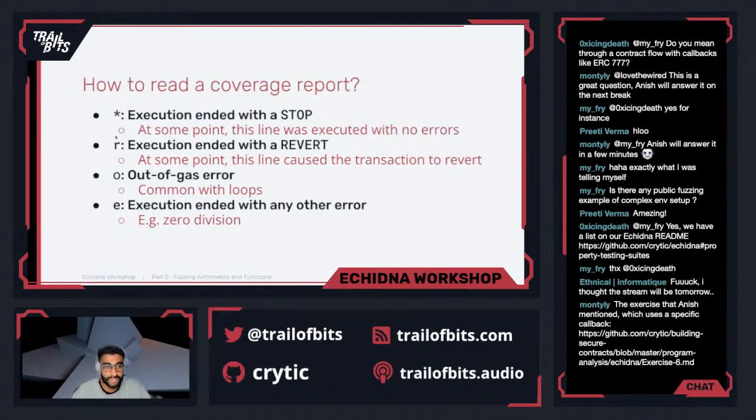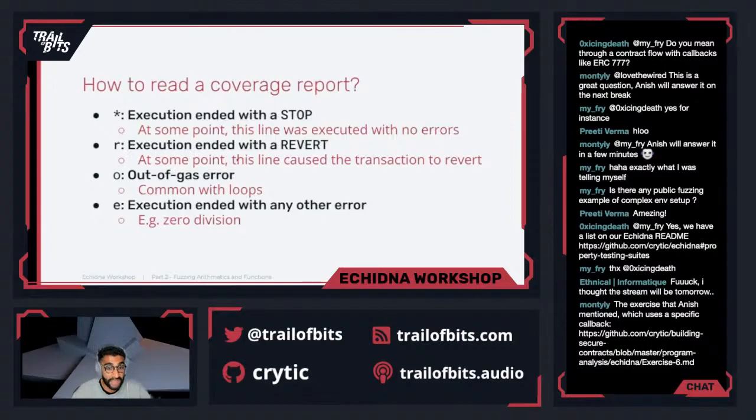And so note that star and R are not mutually exclusive, because like I said, I highlight here at some point. So when Echidna runs 50,000 times, if in iteration number 1 some line has a star next to it, that's great. But if in execution number 2 that same line reverts for some reason, then that line will also have an R next to it.